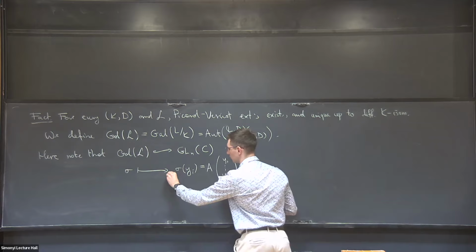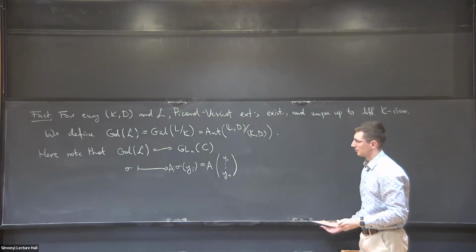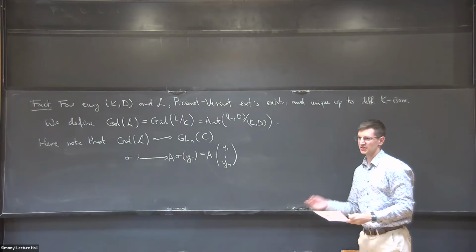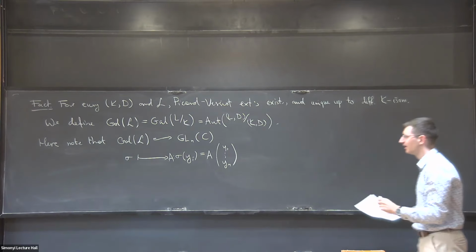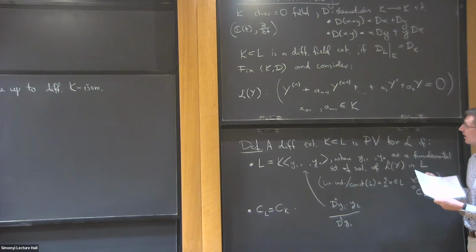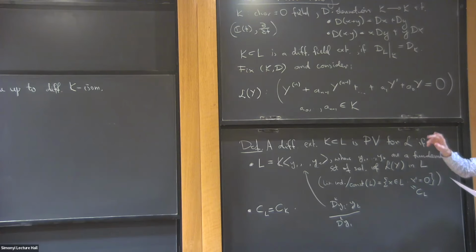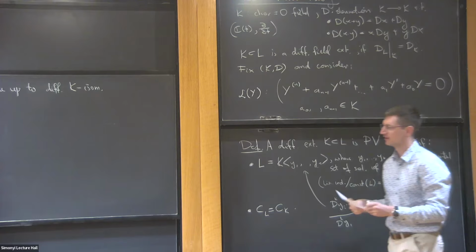So it maps it to a matrix A such that sigma acts by this matrix A on solutions. So this is related maybe to your question: if I have this fundamental set of n solutions of this order n differential equation that are linearly independent over constants, then every solution here will be uniquely written as a combination over constants of this fundamental set.